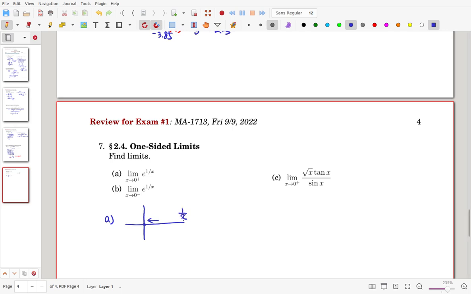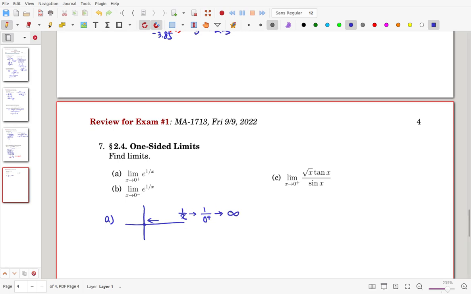Then x is positive. However, it is approaching 0, so basically it looks like 0 from the positive side, and this whole quantity is always positive. Because the denominator is shrinking, the quantity becomes larger and larger, which means it is blowing up to infinity.